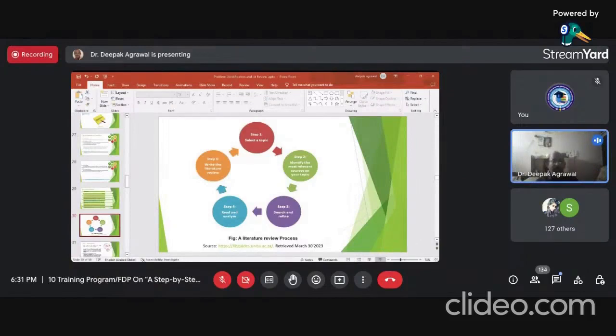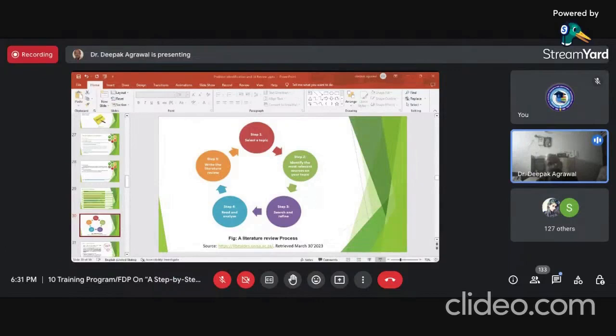So here is the review process. We have already discussed that there should be a selection of a topic. Identify the most relevant sources on your topic. Search and refine your search. You can start with a broad search. For example, being a management person, search for related topics in management journals or articles.